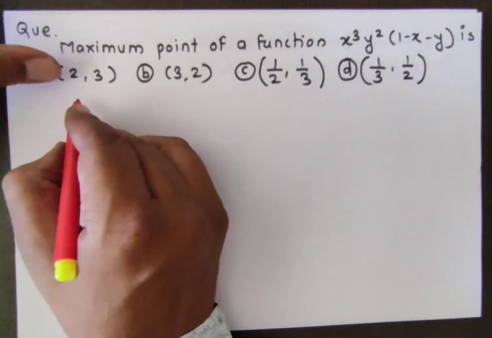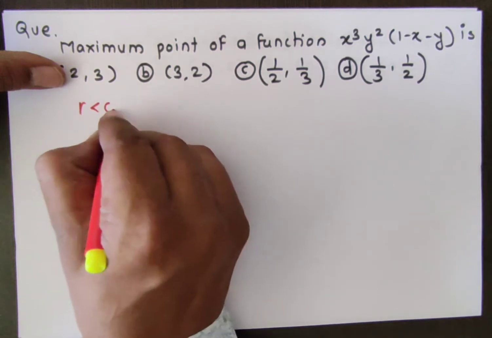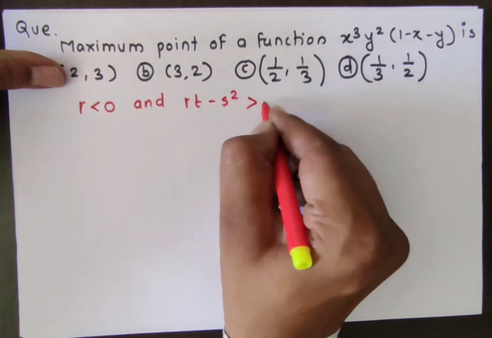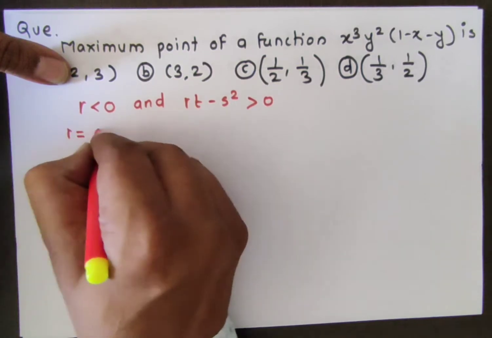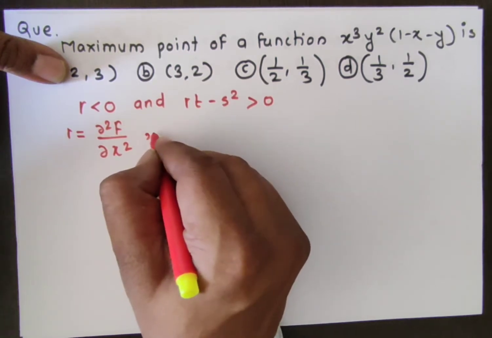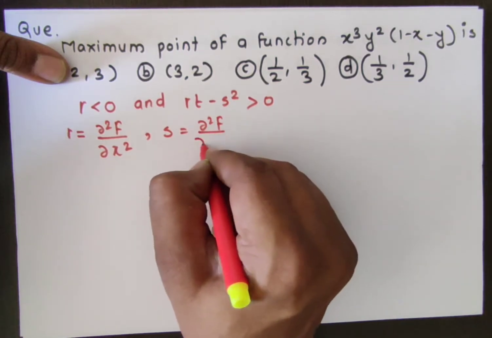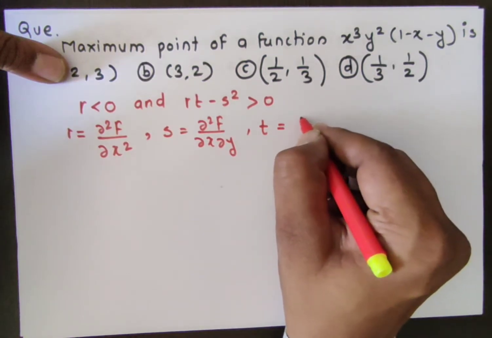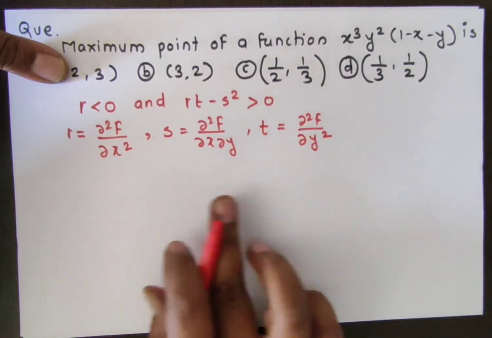The value of r has to be negative and rt minus s square has to be positive, where r is nothing but ∂²f/∂x², s is nothing but ∂²f/∂x∂y, and t is nothing but ∂²f/∂y². So these are the required things.